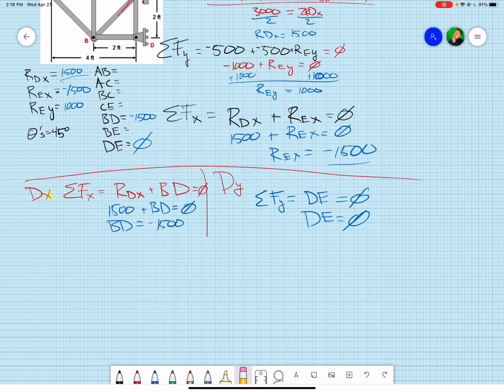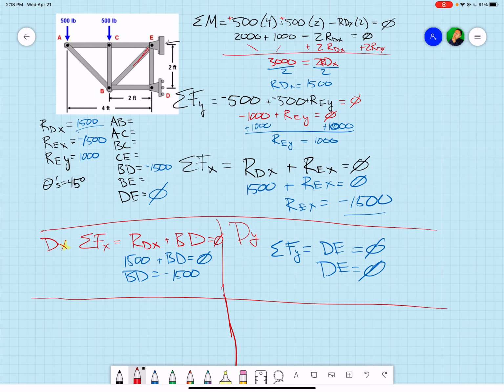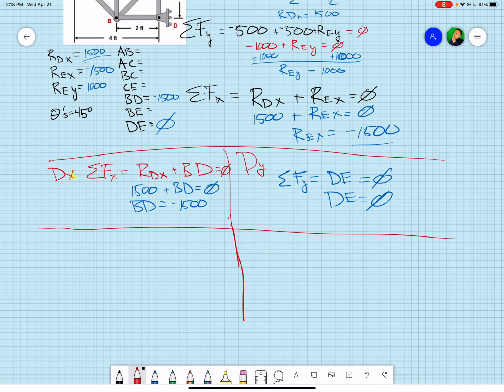Let's do the next one. What's another joint we can do? Why don't we do E? We have E in the X and E in the Y. I put the negative BD in, good.